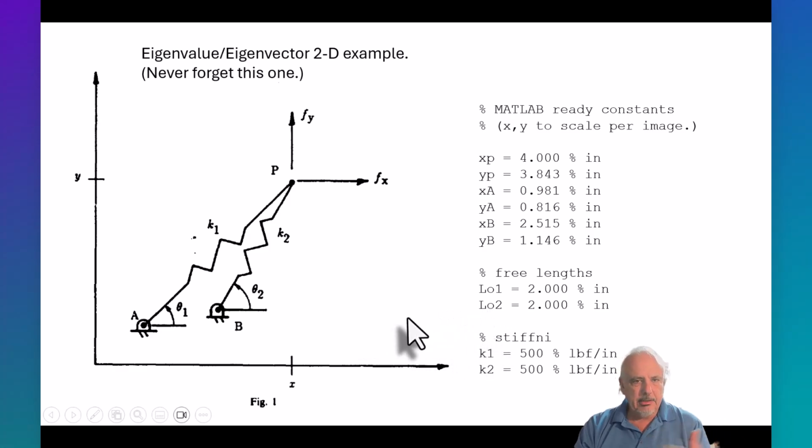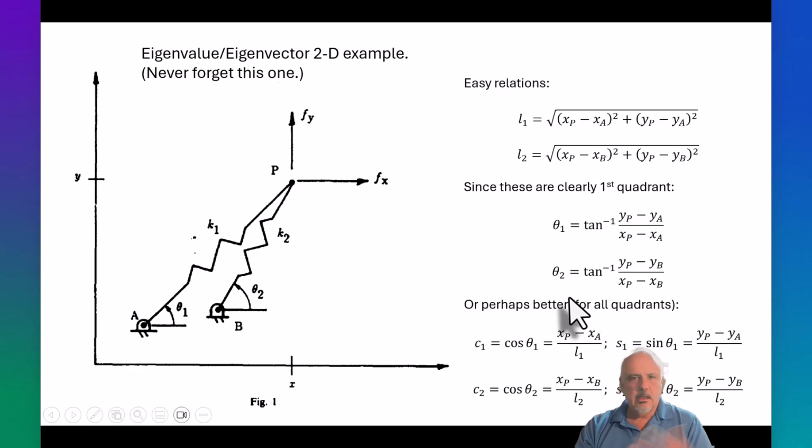I said the free lengths are 2 inches in each, and I assigned stiffnesses to each. Then easy relations. So L1 is the 2 norm of the vector from A to P, and L2 is the 2 norm of the vector from B to P.